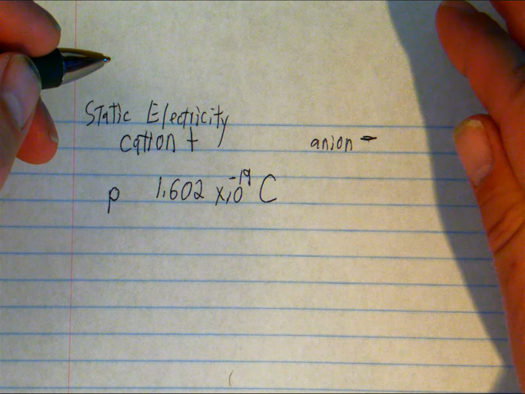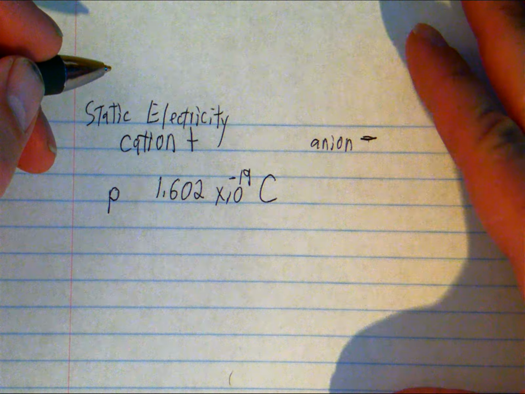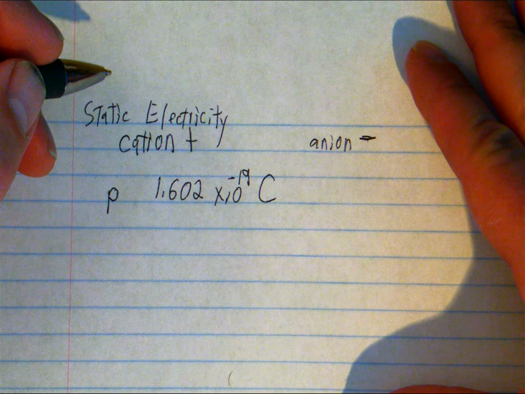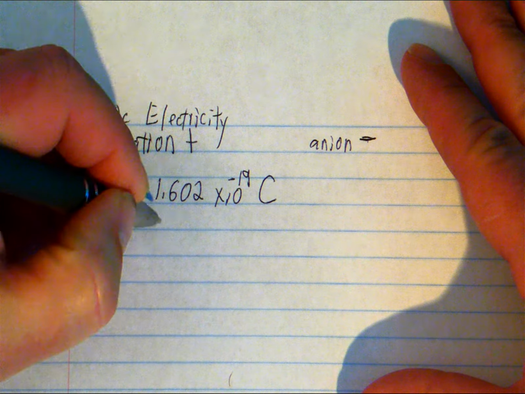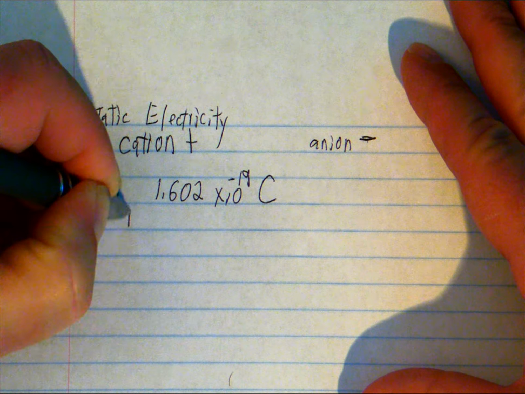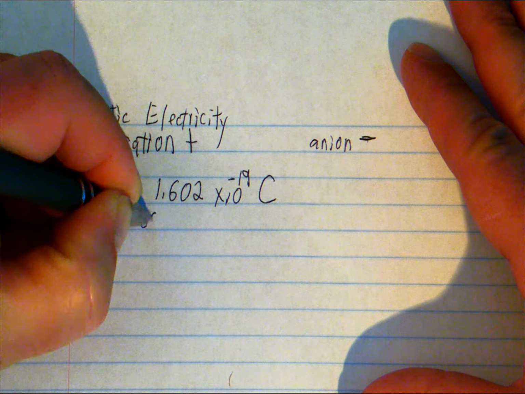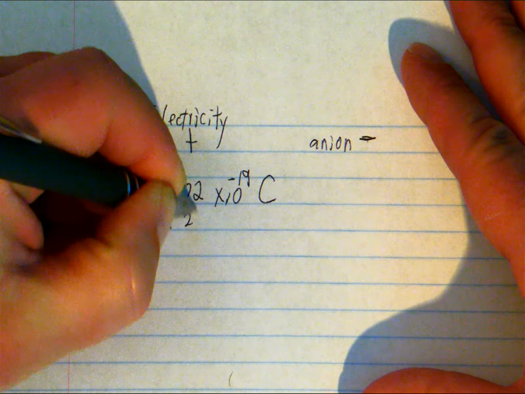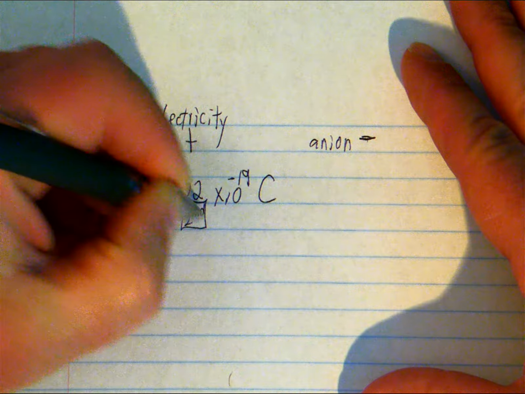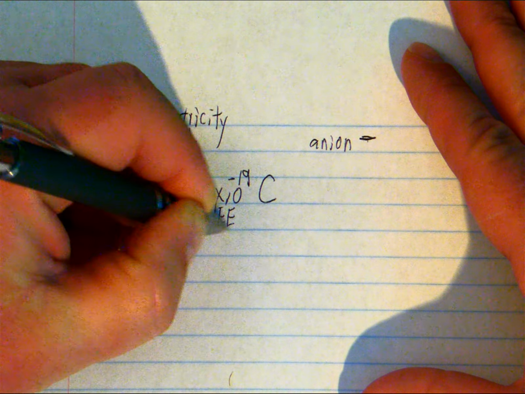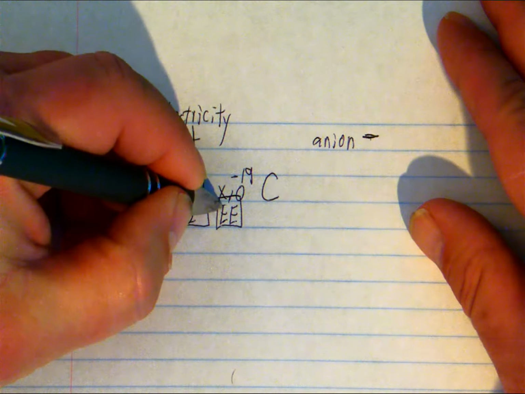If you want to store that in your calculator memory, if you're using a TI graphing calculator, I would suggest you type in 1.602, second, EE. Please don't use the times 10 button for this stuff.